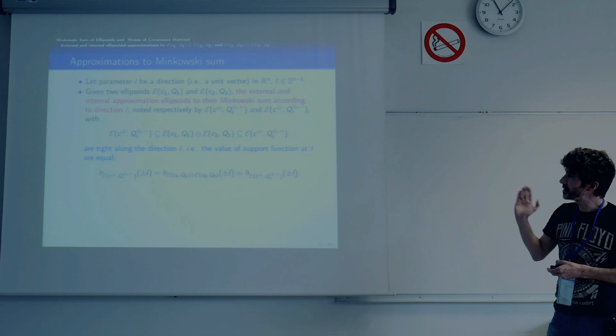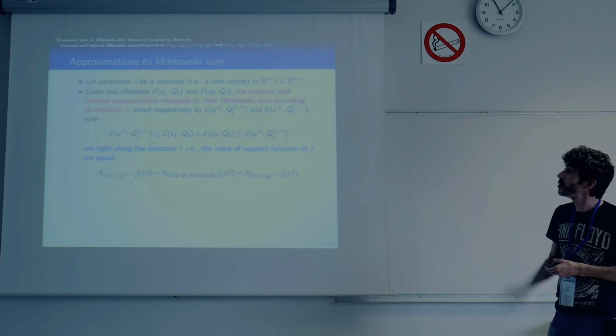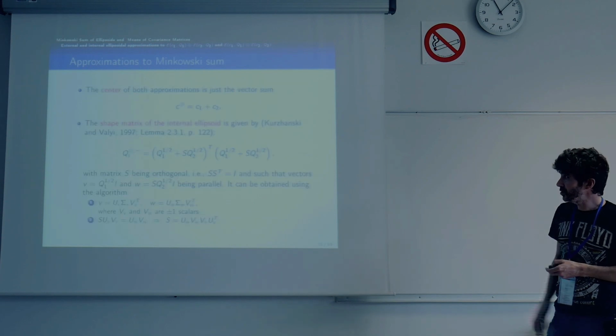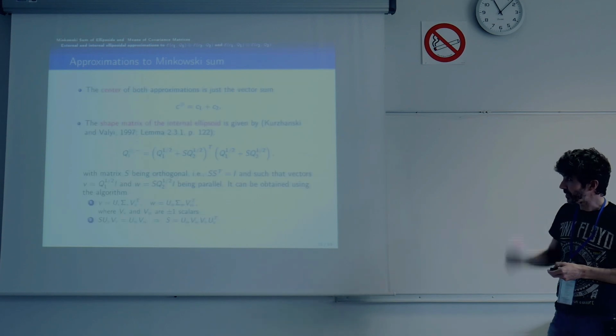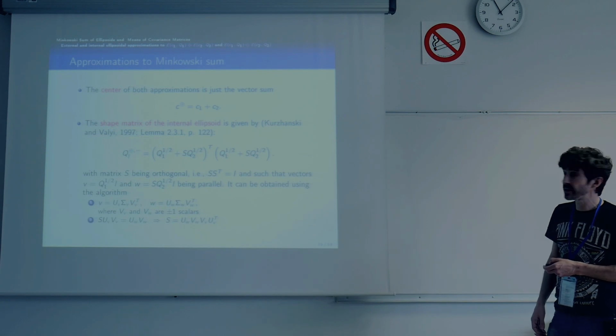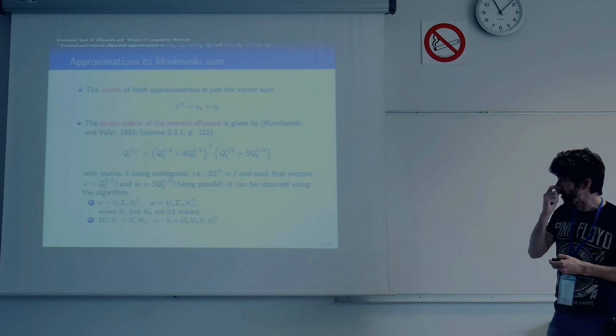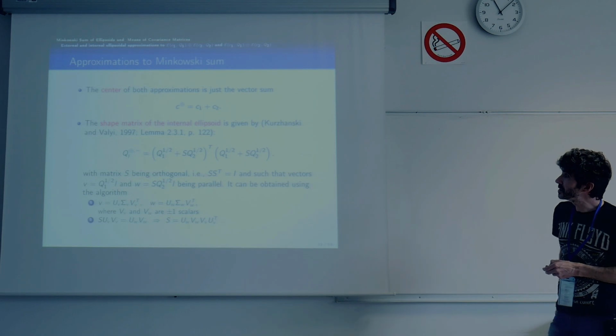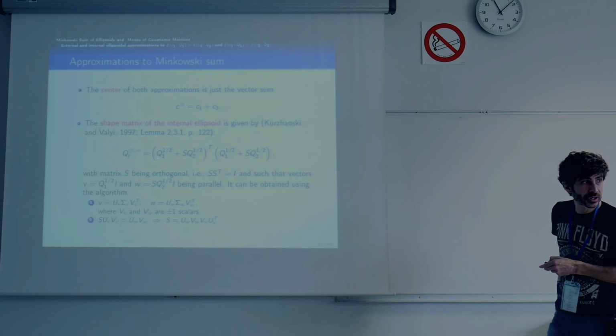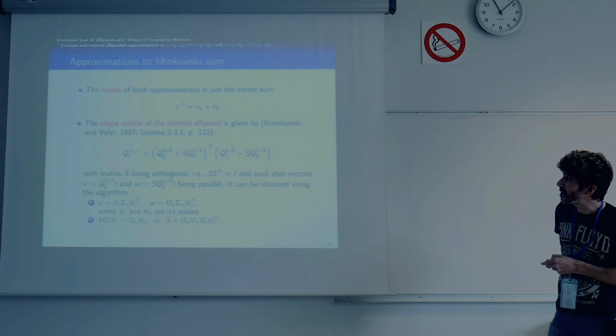So basically, this is how we would like to define the approximation. In this theory of ellipsoidal calculus, they have all the proofs for that. But this is how the parametrized family for the internal approximation of the Minkowski sum looks for any direction L. It's quite simple.